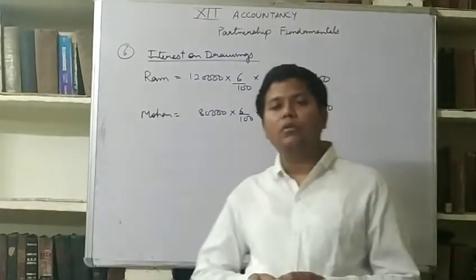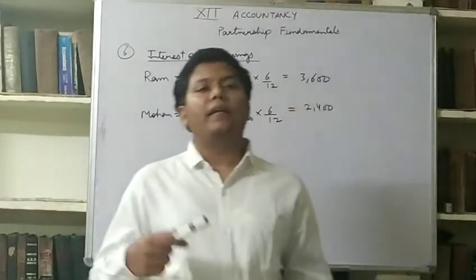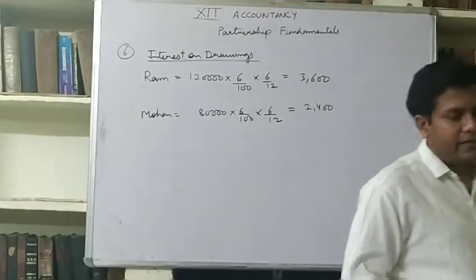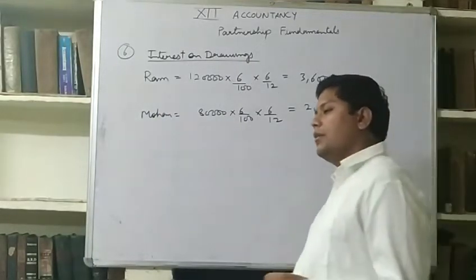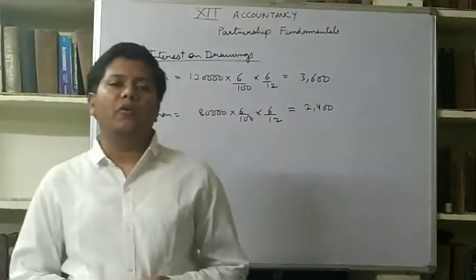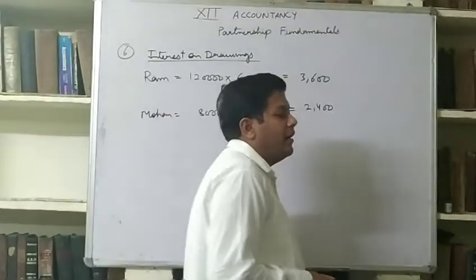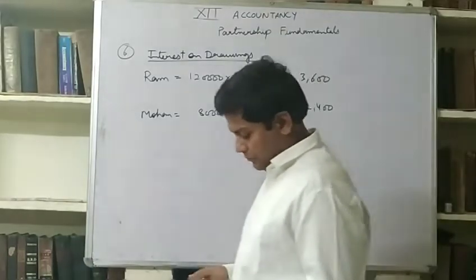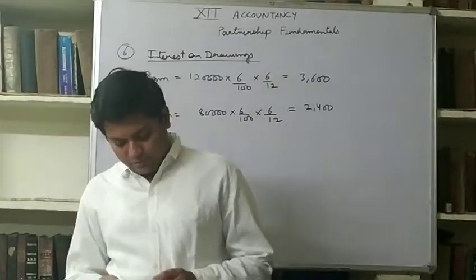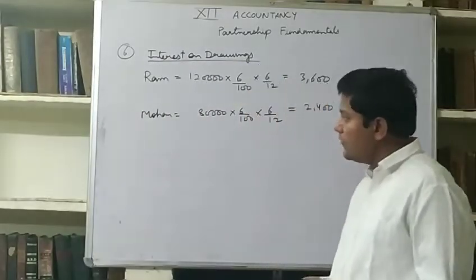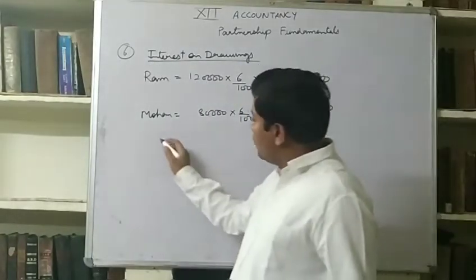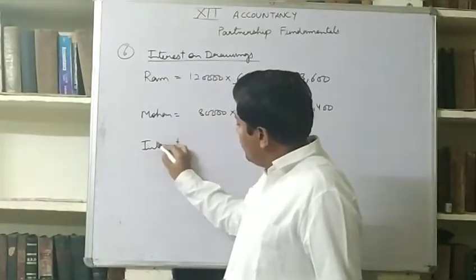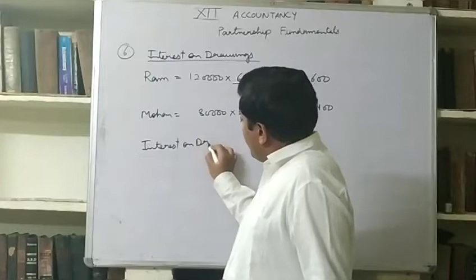Note down that when regular drawings are made by the partners of equal amount and at equal intervals, then we may use the following formula for calculation of interest on drawings.